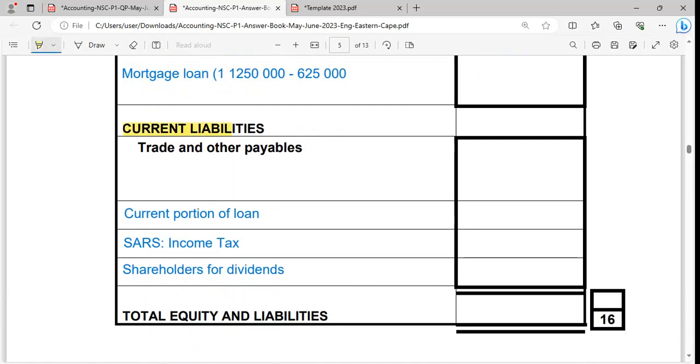So lapha kuma current liabilities sizoba no current portion of loan. So nangiya lapha ya current portion of loan. So because le loan is payable within 12 months, isi-deserve ukuhlala ngaphansi kwama-current liabilities. So same balance 625,000.